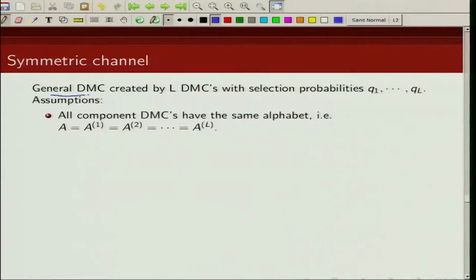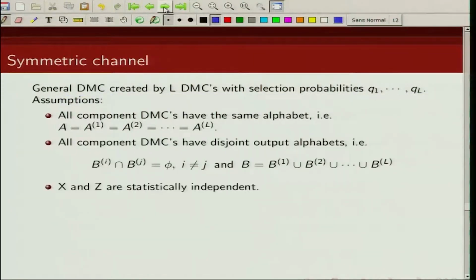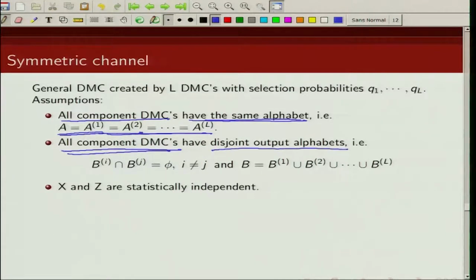We are considering a general discrete memoryless channel which is created by these L discrete memoryless channels with selection probabilities given by Q1, Q2, Q3, ..., QL. And we make the following assumptions. First, all of these L channels take the same input alphabet. Second, all the channels have disjoint output alphabets.